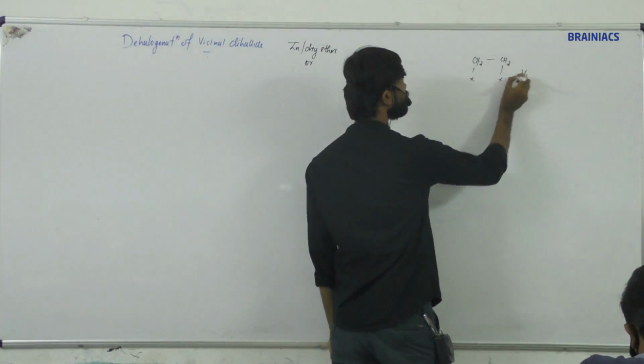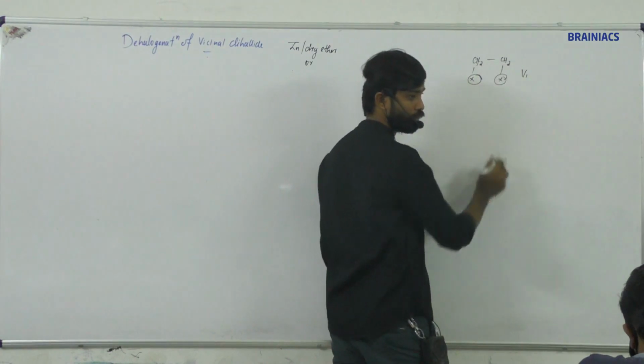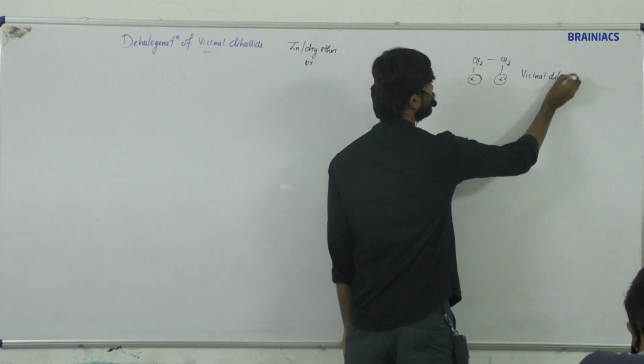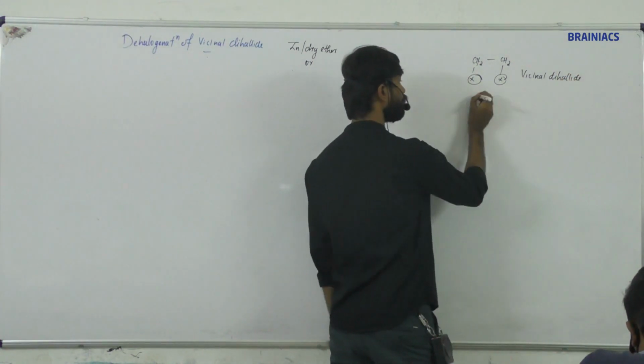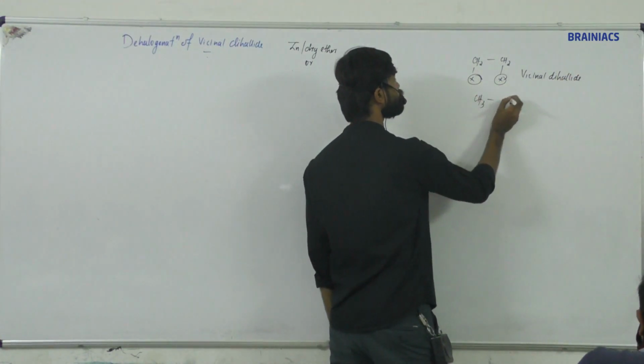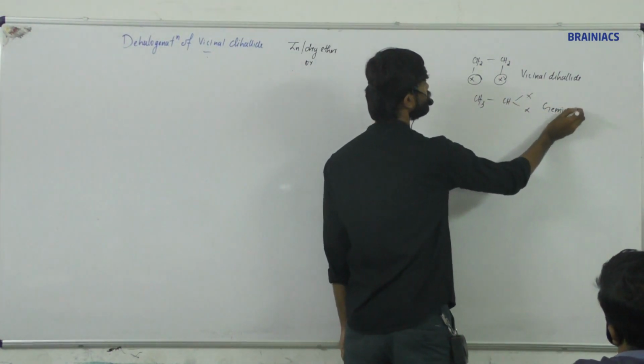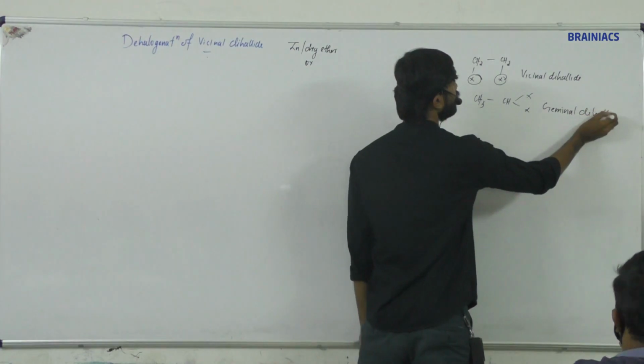Vicinal means the two same functional groups on the alpha and beta positions. This is said to be vicinal dihalide, whereas if the two same functional groups are on the same carbon, then it is geminal dihalide.